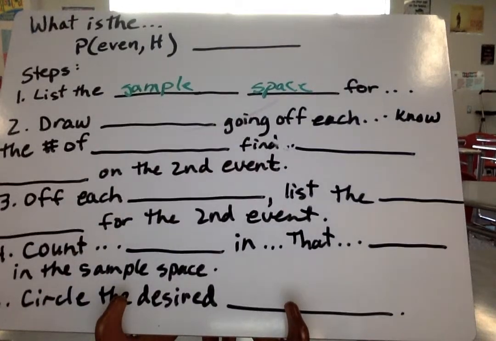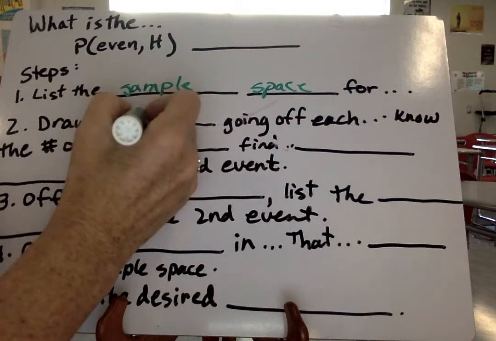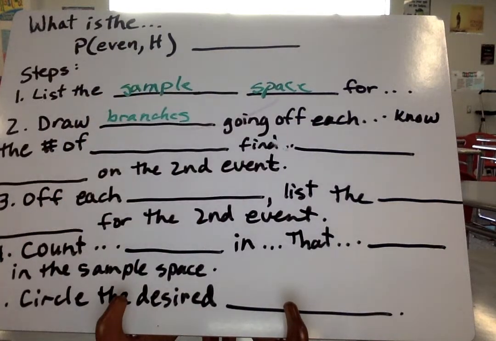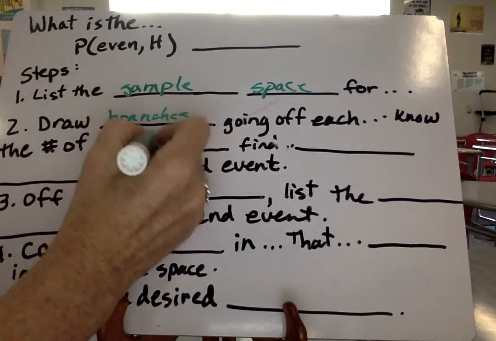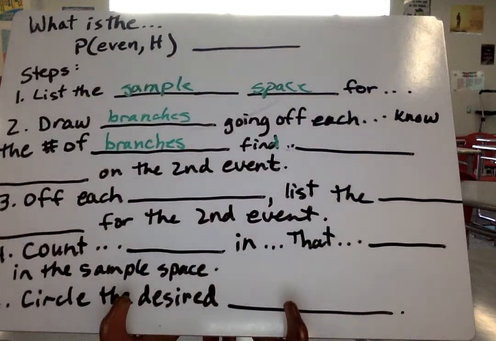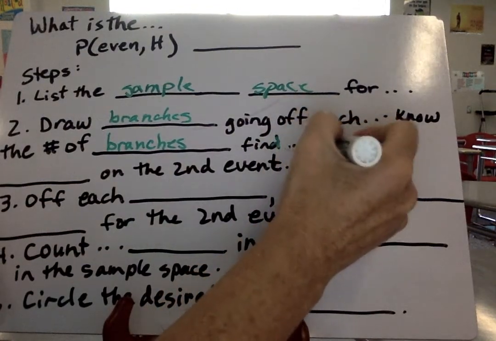Then we're going to draw branches going off each sample space from step 1. To know the number of branches, find the number of possible outcomes of the second event.